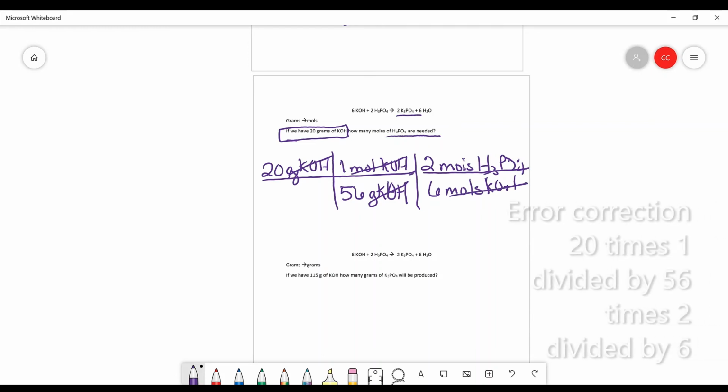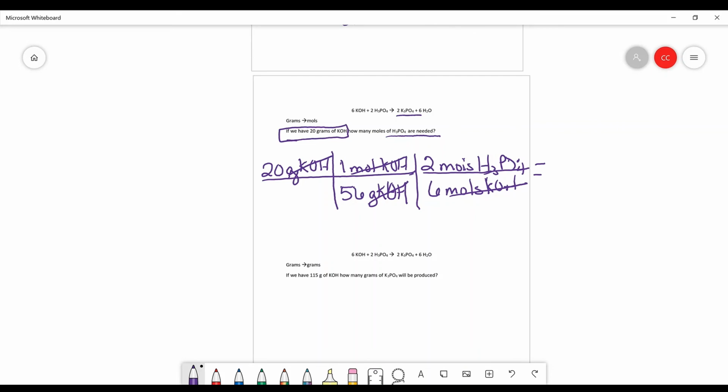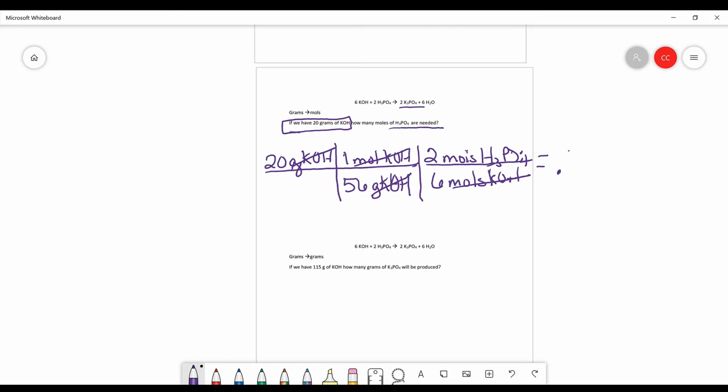It's 20 times 1 divided by 56, times 2 divided by 6, equals 2.3 moles of H3PO4.